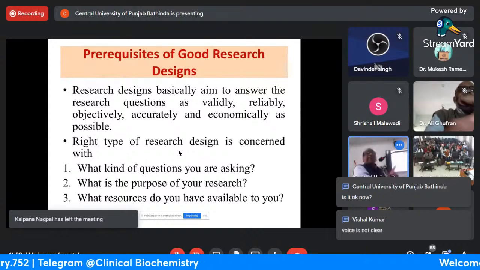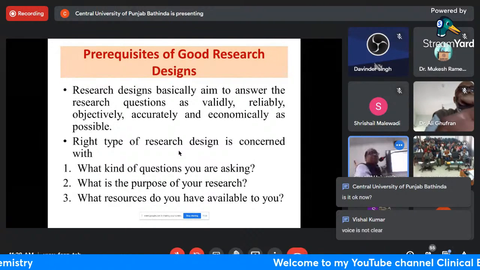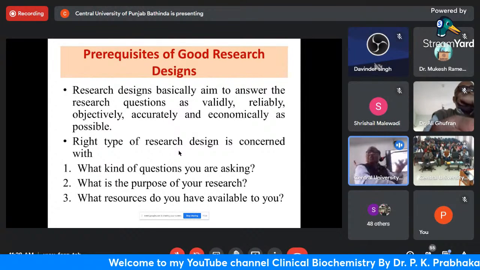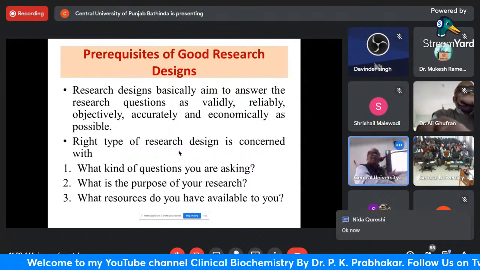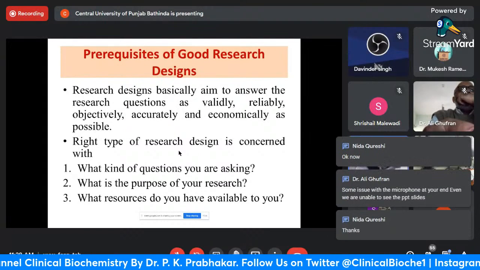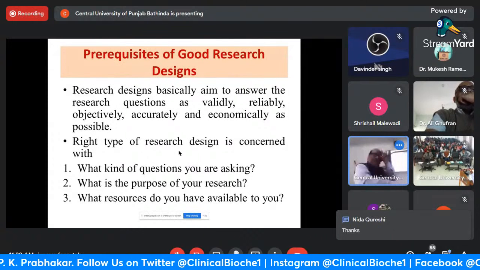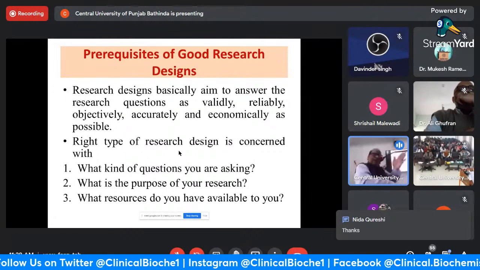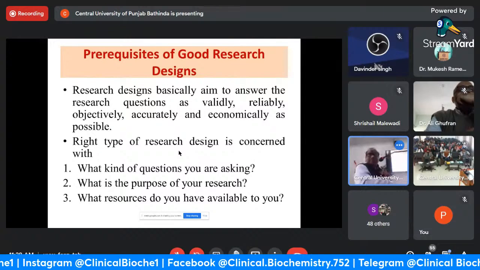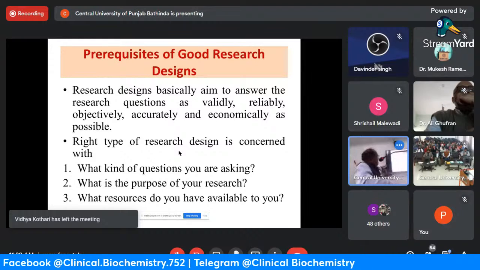Essentially, review the literature. Don't get tired after 5, 6, 10, 20 reviews, which mainly happens in many cases. What is the purpose of the research? Ask this question to yourself. Why are you conducting research on that particular problem? What exactly do you want to find? What are your objectives? Clearly specify them.